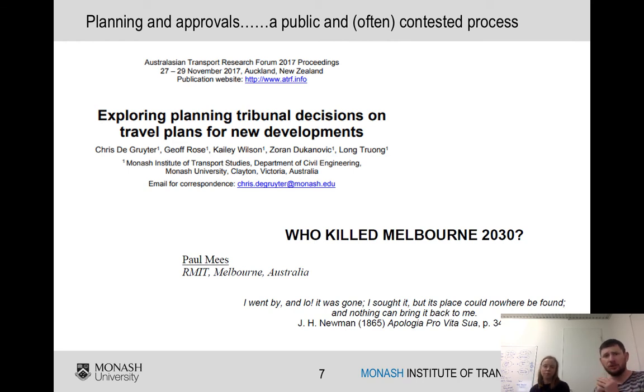There's some research going on just recently from Chris DeGruder, Jeff Rose, and a few final year students, as well as Long Trong, looking very much at how the tribunal process here in Victoria is making decisions about whether to allow or disallow a new development that is addressing transport issues through using travel plans.